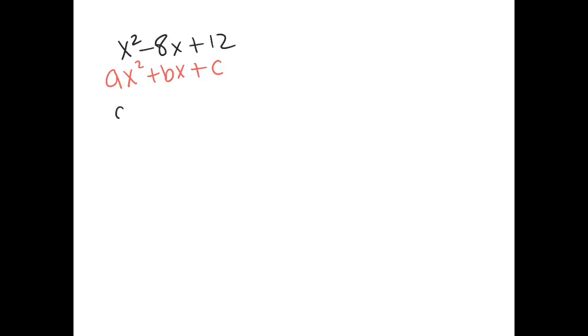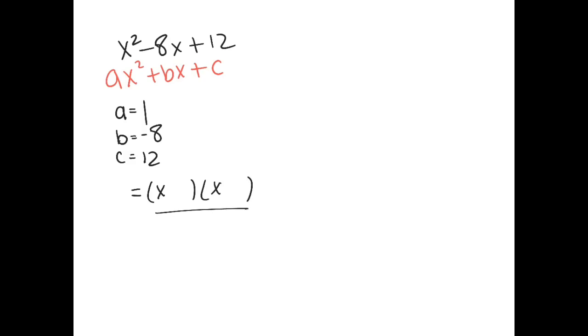Our A is equal to 1. Our B value is actually equal to -8. And our C value is equal to 12. So now let's just create our final equation here, so that way we can just plug it in immediately. X, we got our other X. So now once we find those two numbers, we can just plug them in here.